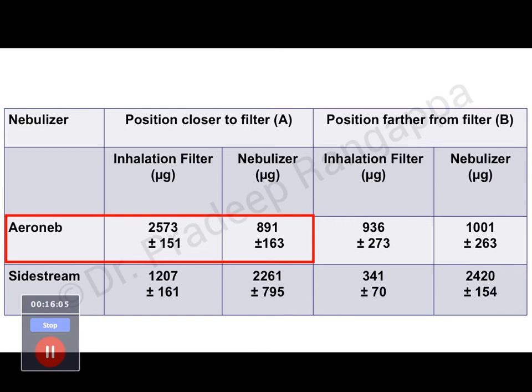Once it is beyond the expiratory port, the deposition significantly dropped, and there was more deposition sitting at the nebulizer. So in NIV, I think the science is a little different. It has to be a little closer to the mask, because once it is at the expiratory port, I think there is more leakage or loss of the aerosol.